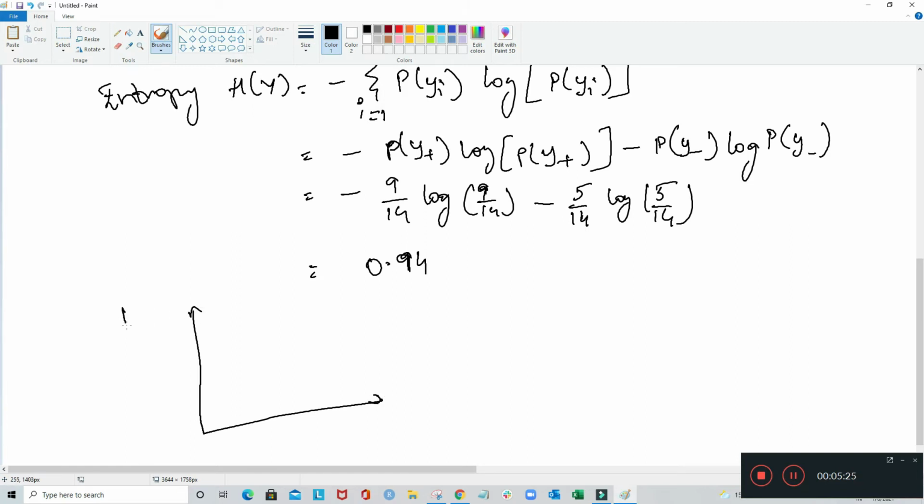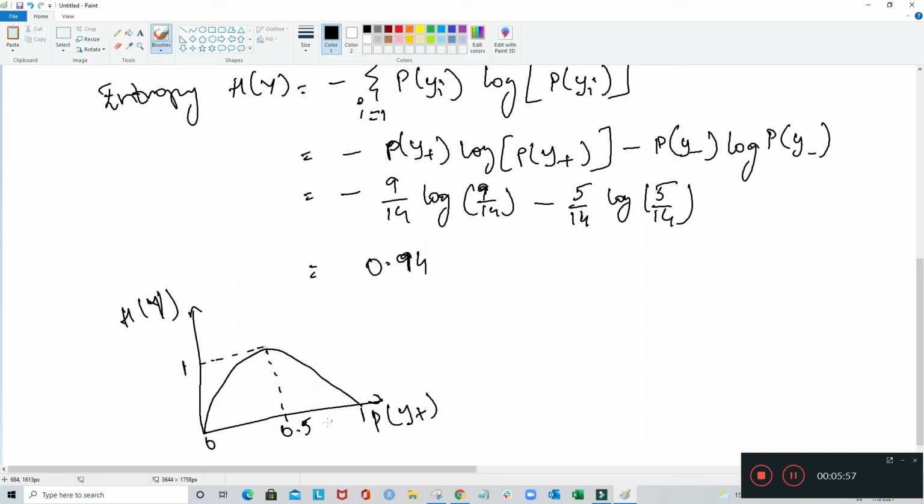The y-axis is the value of entropy, and the x-axis is the probability of a data point being y plus. The peak is attained at probability equal to 0.5, where the entropy value is 1, and at 0 and 1 it is 0.